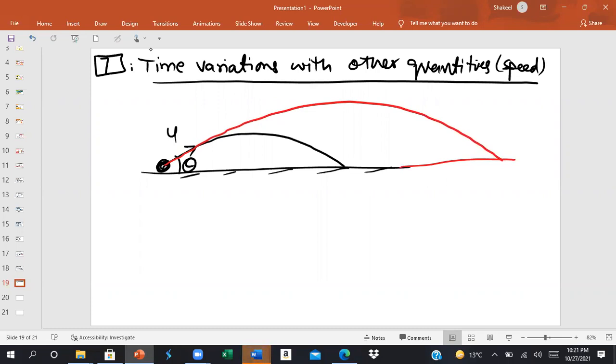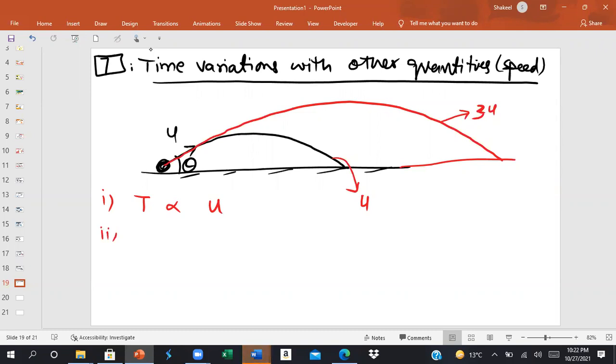The red one has a speed of 2u, or 3u, and this black one has a speed of u, and they have the same angle. So when you throw with higher speed, its time in air will be increased. So time is proportional to your initial speed.